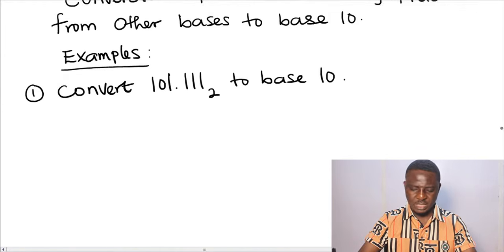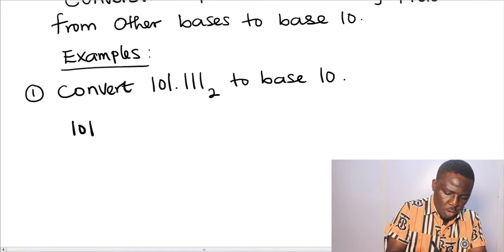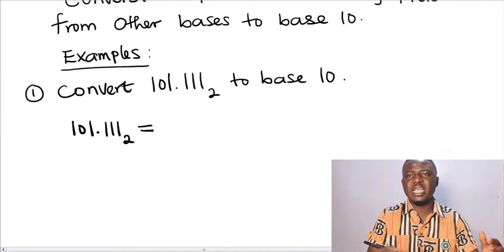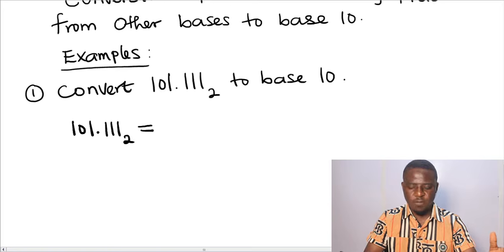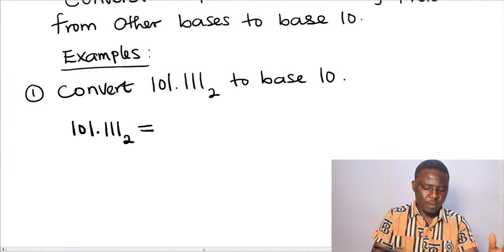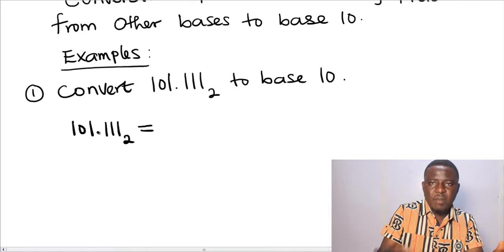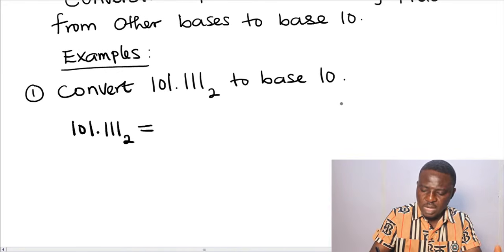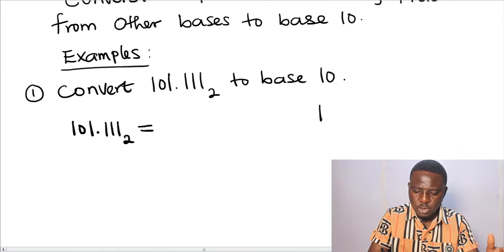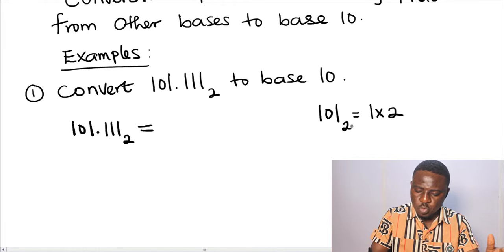What am I saying in essence? 101.111 base 2, I'm going to express it in expanded form by multiplying each digit by a power. Remember that in our previous class, to convert from other bases to base 10, we used the expanded form: 1 times 2, which is the base, raised to a certain power, which is a function of its place value.